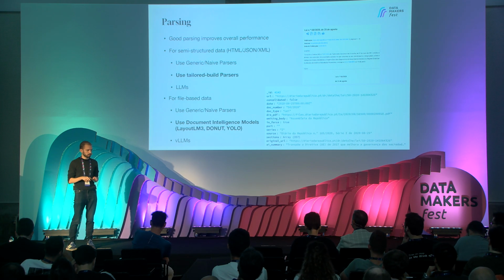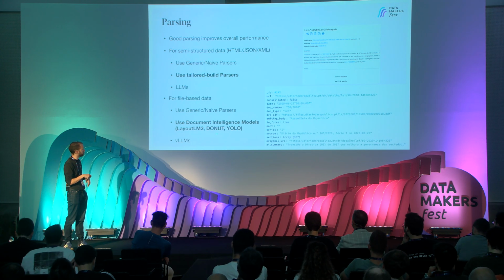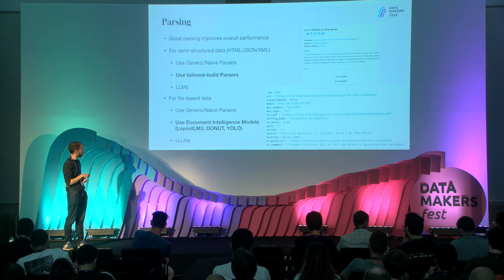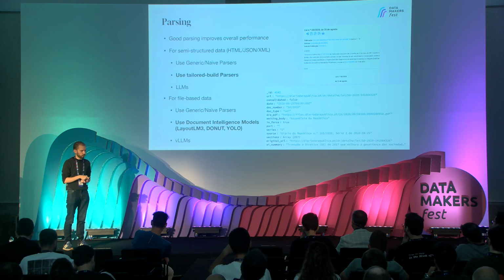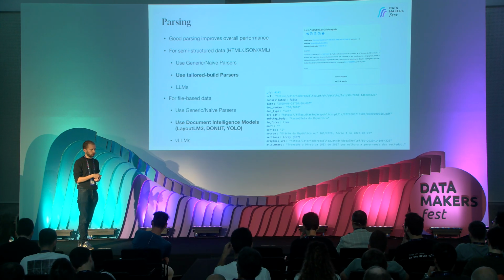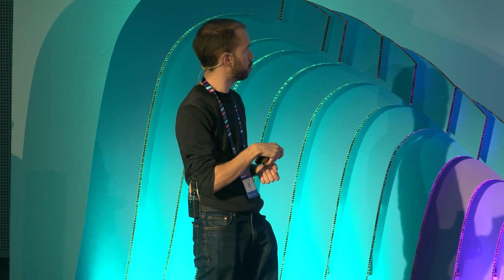You don't need big GPUs to fine-tune them, and they give you pretty good results. And now there's also a new trend. When we started doing this, visual large language models were not a thing. Now they kind of are, and they are pretty good, but they are pretty big, so they are pretty expensive. But they can also help you extract information from these types of files.